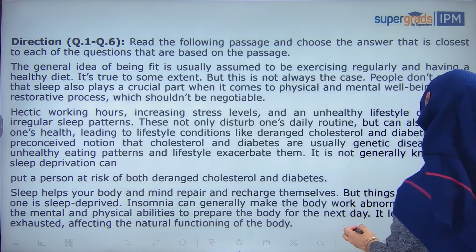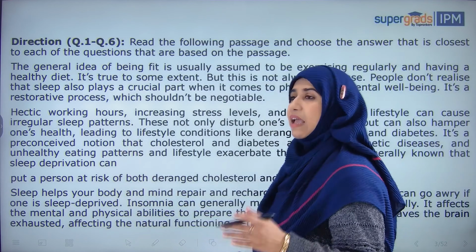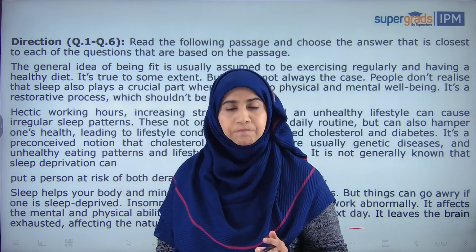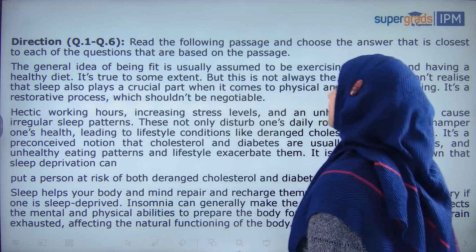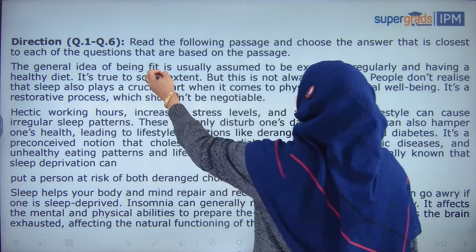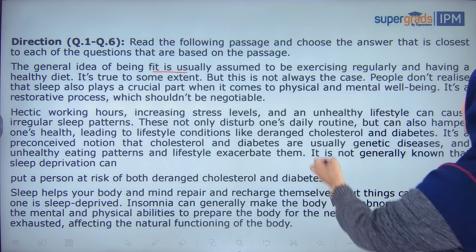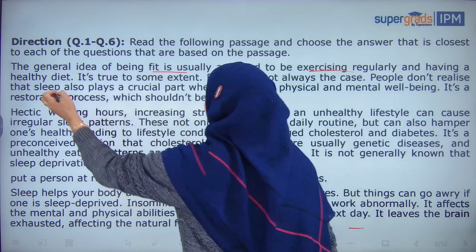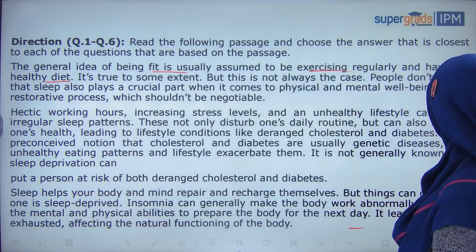This was a very easy passage. This is about health and fitness in general. It talks about the importance of sleep. It says that the idea of being fit is usually assumed that one has to exercise regularly or maintain a healthy diet, but that's not enough.